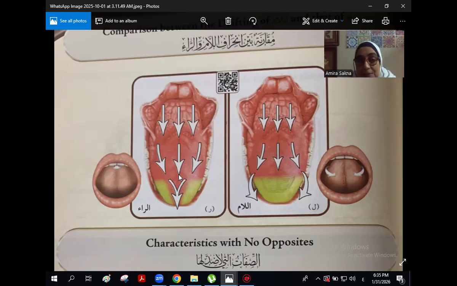If you remember, we explained about al-inhiraf or drifting, part of the sound passing through this tight articulation point. It's here, okay? So through this gap, part of the sound of the ra will pass.